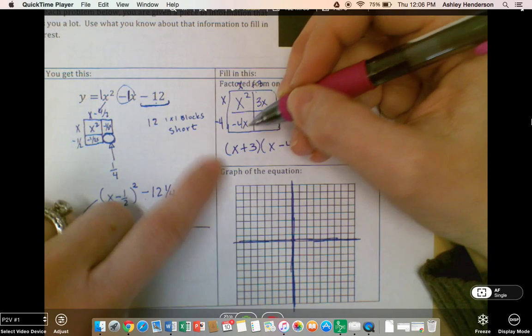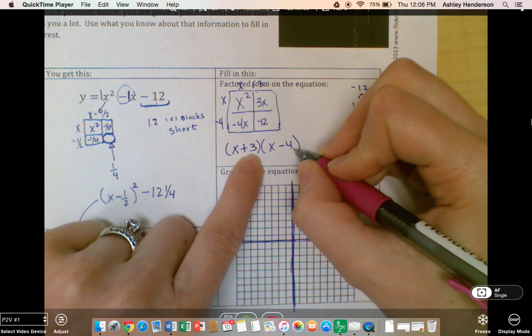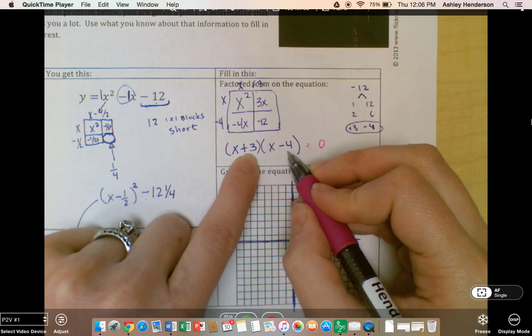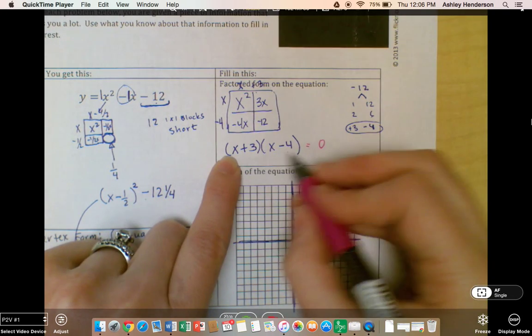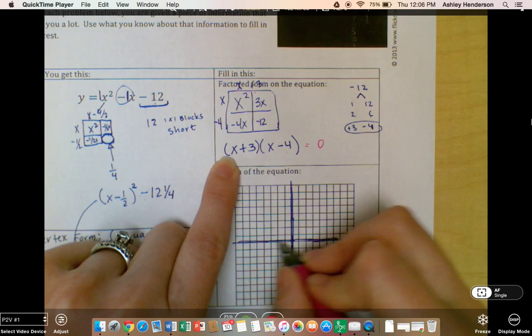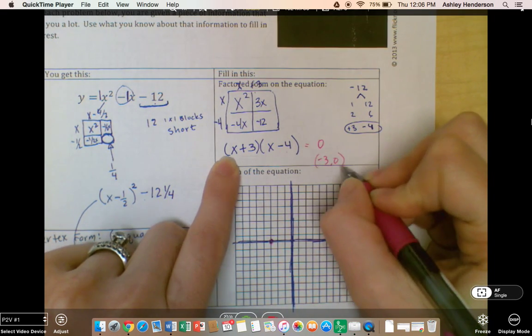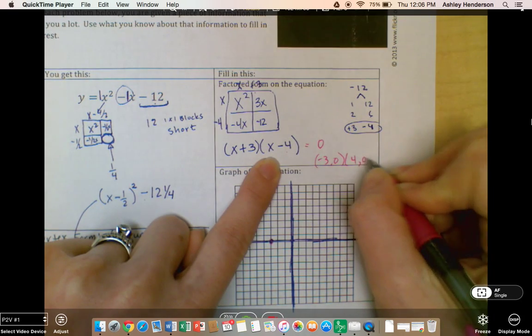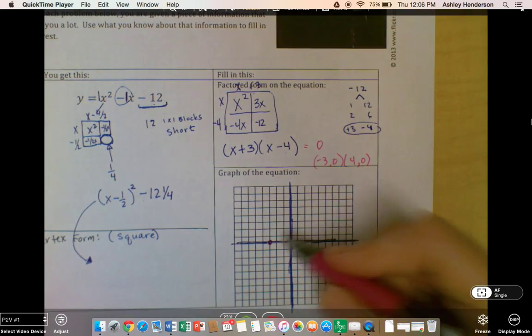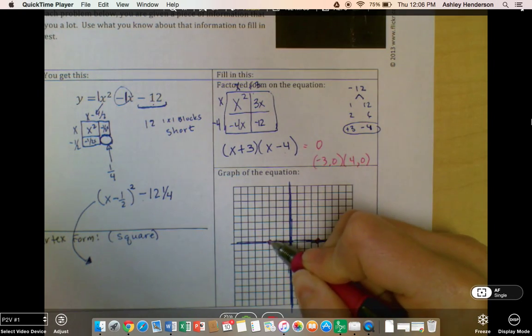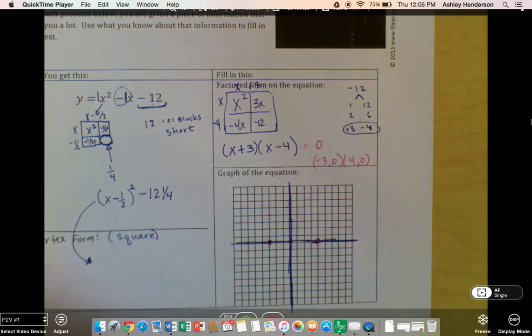So 3 and negative 4 are these terms right here. What would x have to be to make this equal 0? x would have to be negative 3, or if x were positive 4, we would get y equals 0. So I'm going to go ahead and plot those on there.